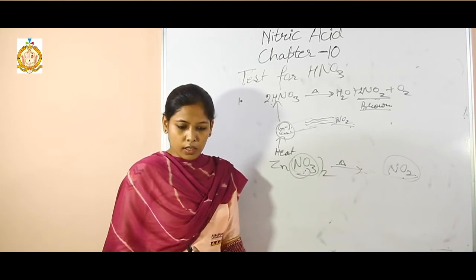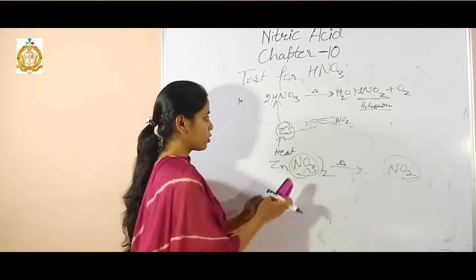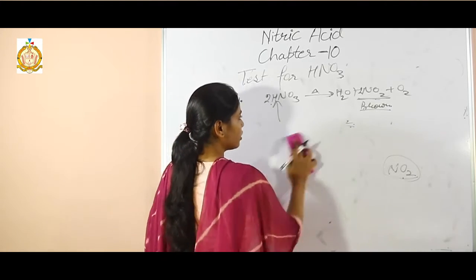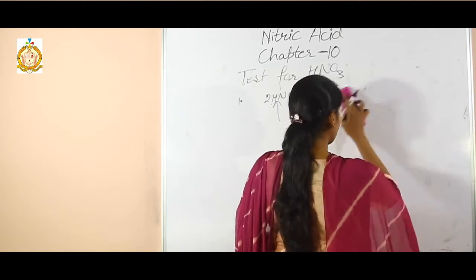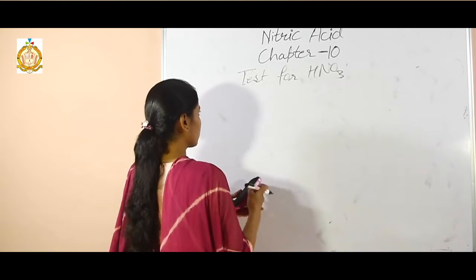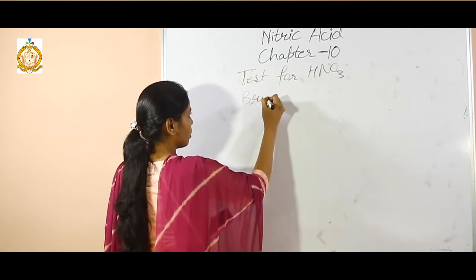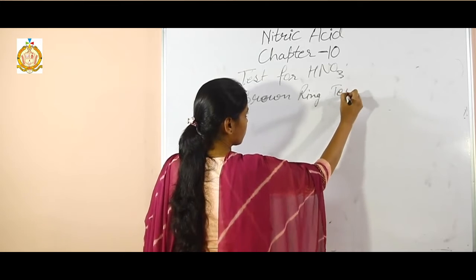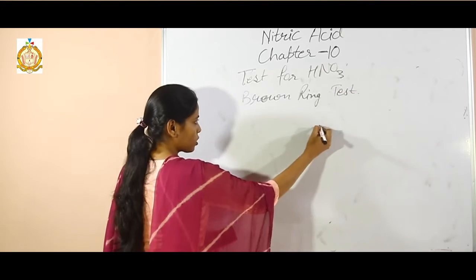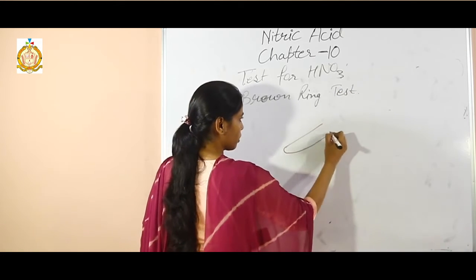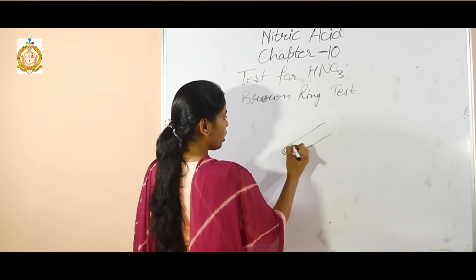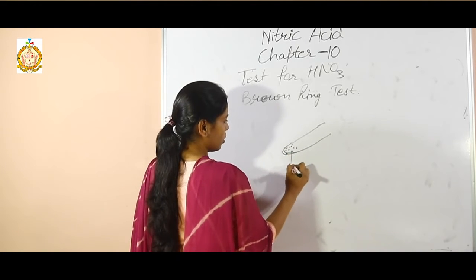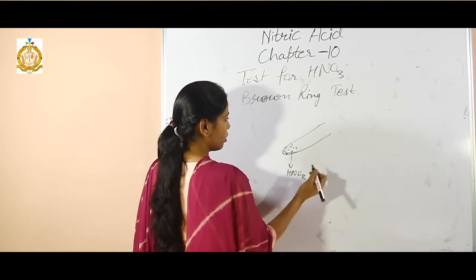And the last test is the brown ring test. Three reactants are used in this test. First take a test tube. In that test tube keep nitric acid, HNO3.